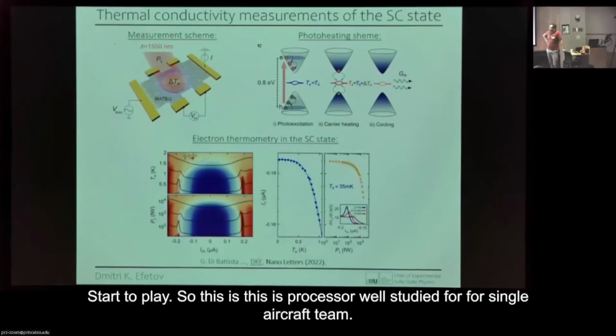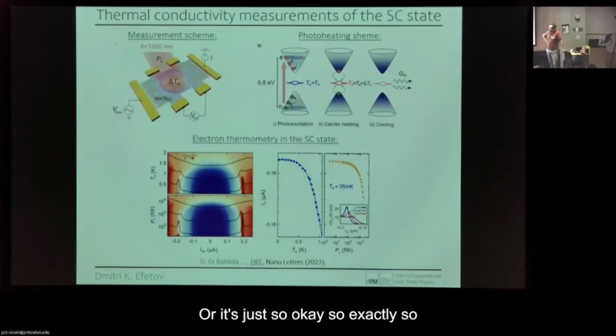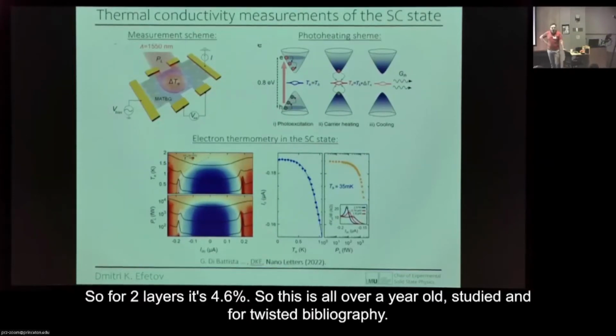Is the power you indicate here measured somewhere, or is it just the line power? So exactly, the same story is for single layer graphene. We know that for single layer graphene, 2.3% of all the incident light is absorbed. So for 2 layers, it's 4.6%.